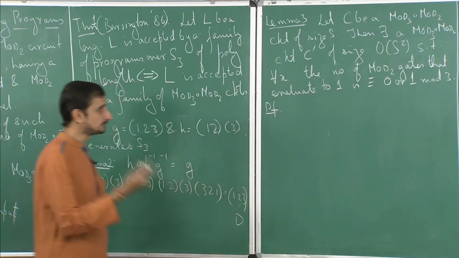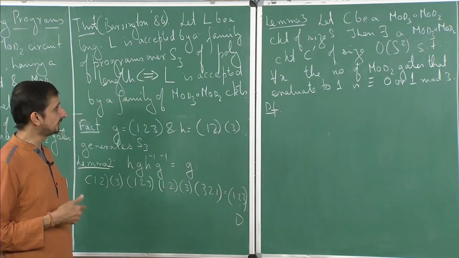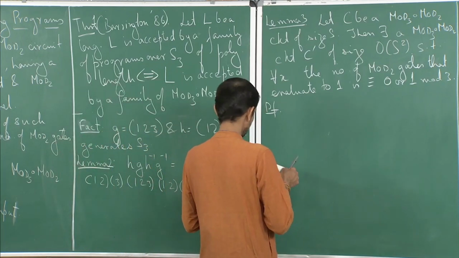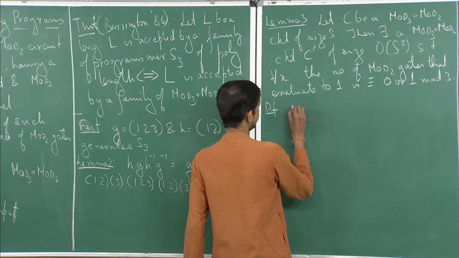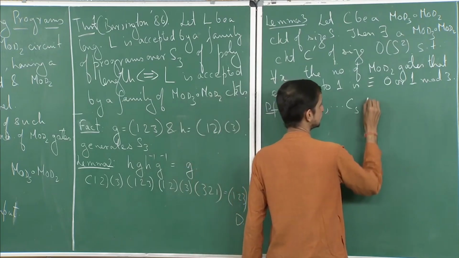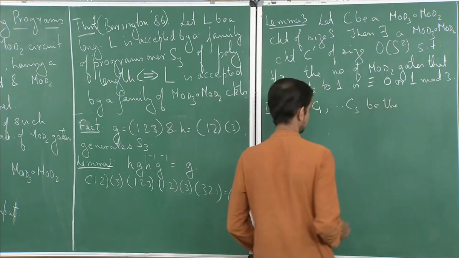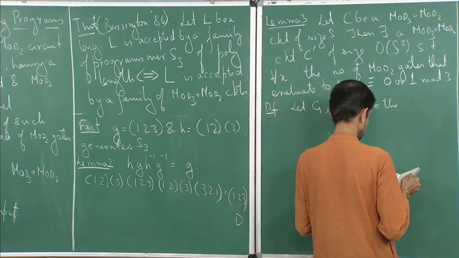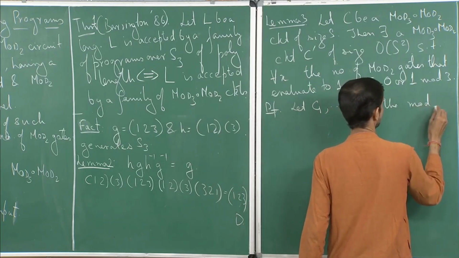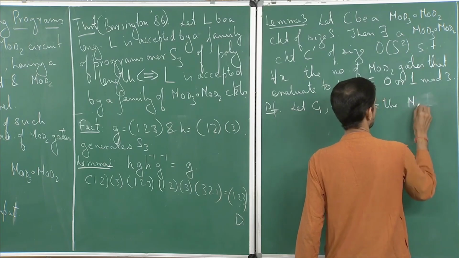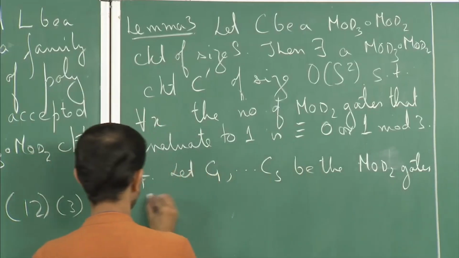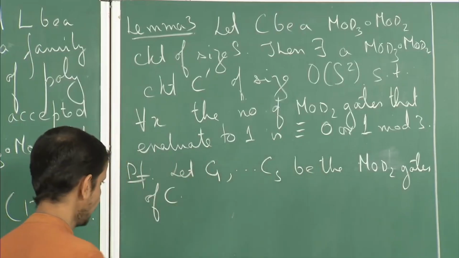So, this proof just uses some number theoretic idea, essentially Fermat's little theorem. So, okay, let C1 up to CS be the mod 2 gates of C. Okay.